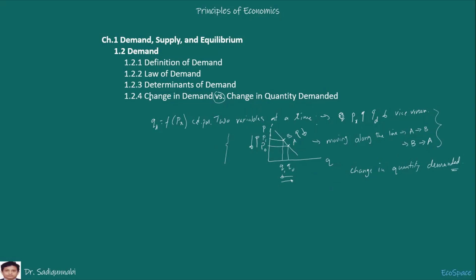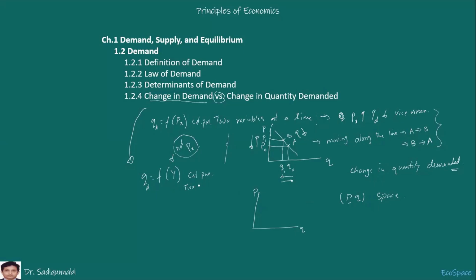Now, what is change in demand? Change in demand can be explained in this way. Suppose our QD is now a function of Y, not Px, or not P. So if we say ceteris paribus, that means P remains the same, but now our variables are two variables.